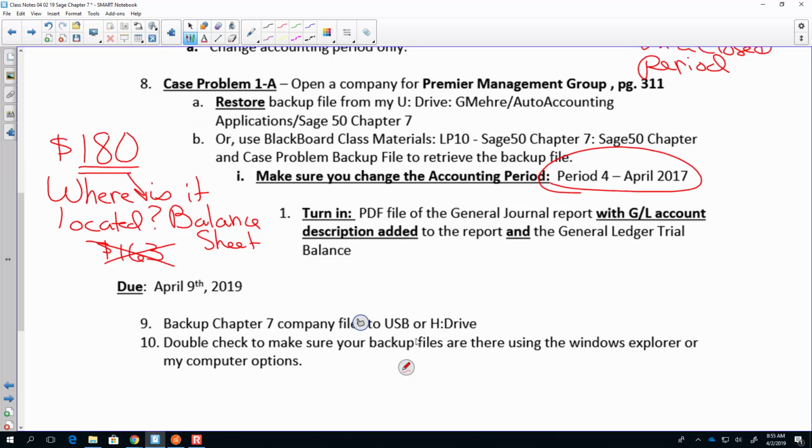What I do require are PDF reports, the general journal, and I make a note that the account description has to be added to the report. Make sure that the report fits on one page.